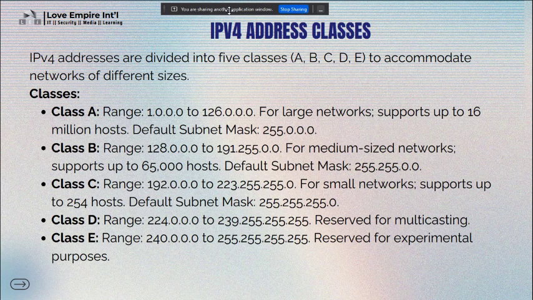Then we have class D. The class D IP addresses are reserved for multicasting, which is what we just saw in the previous slide. Then we have class E. This one is reserved for experimental purposes, for people that want to do research and experiment. This range, 240 dot whatever value follows it, is reserved for experimental purposes.